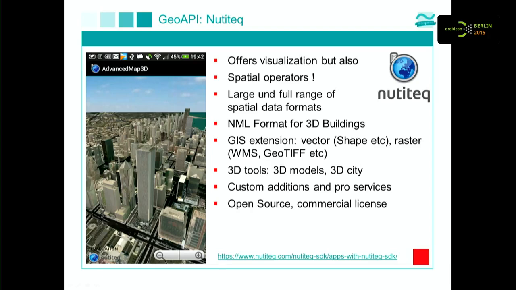It's open source, so you can have a look inside, but it's run by a commercial model. So this is something which is really interesting to look at if you have high requirements for very enhanced solutions or apps which need more. This is something which you really should look inside.